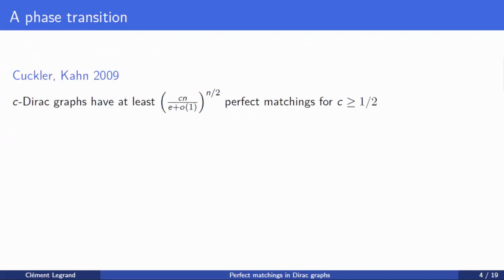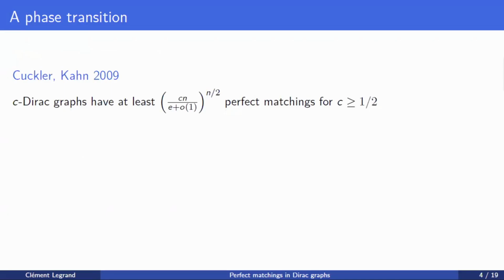So what we've said with this Dirac theorem is that below n/2 you're not sure you have a perfect matching. After n/2 you're sure you have a perfect matching. And in fact, this n/2 barrier is a threshold, and there's a sort of phase transition happening. This is called supersaturation.